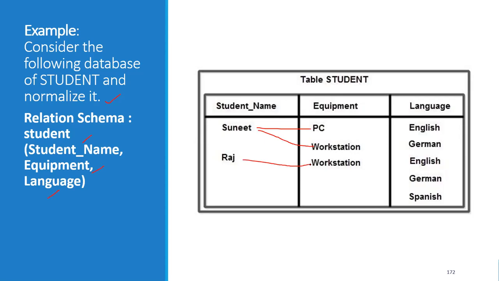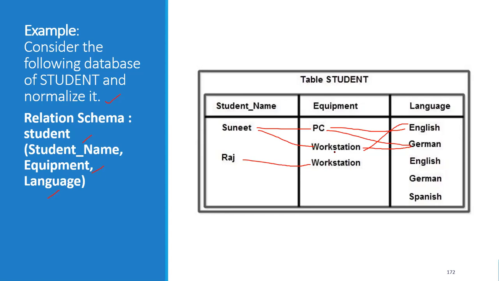Sunit uses the languages English and German, even for workstation he uses English and German. But the problem here is multiple values in a single cell. Now this is a table but not in first normal form.